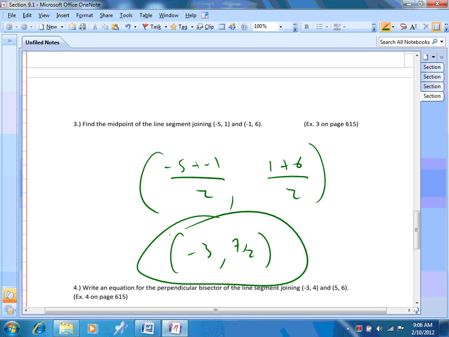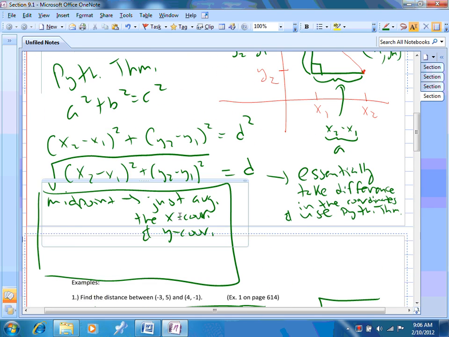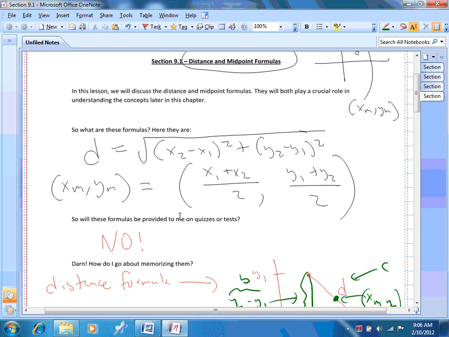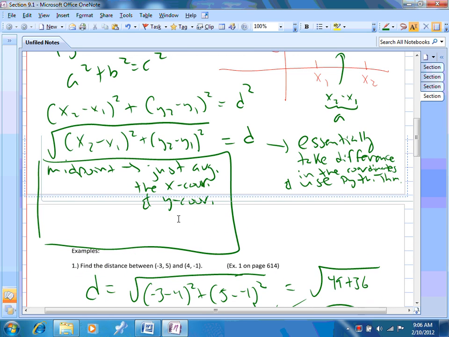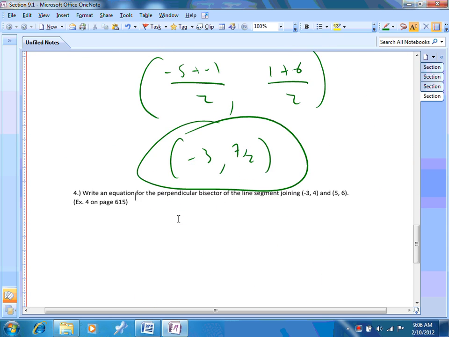But you can easily just work backwards and use the formula up here, because something plus something divided by 2 has to equal the midpoint.